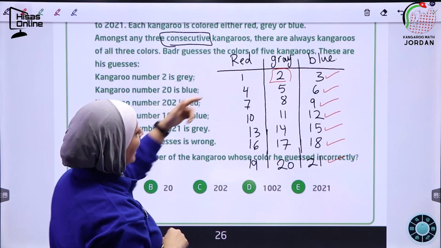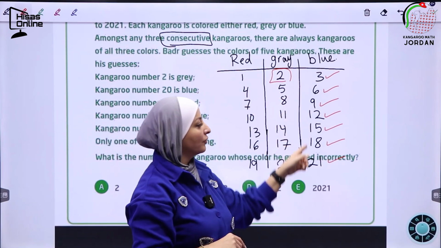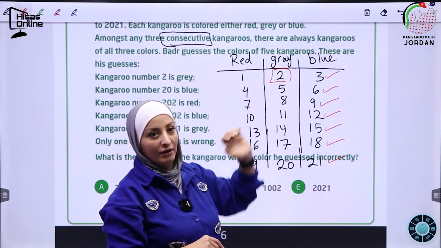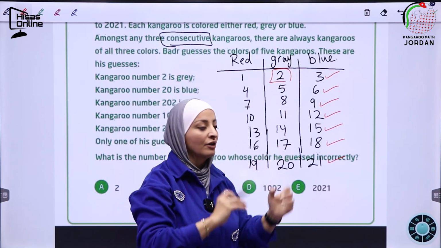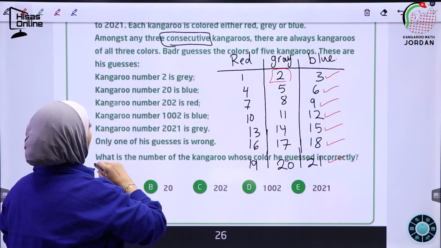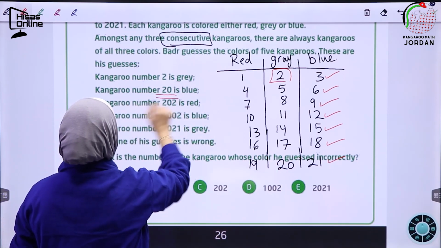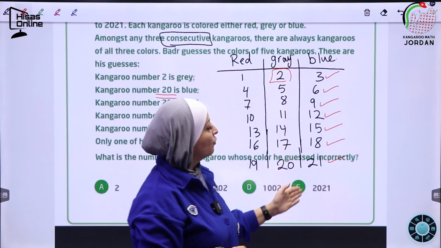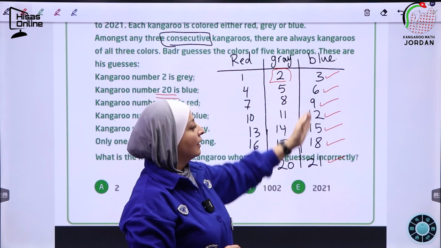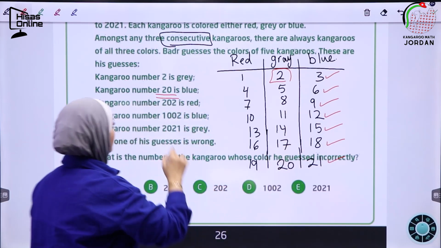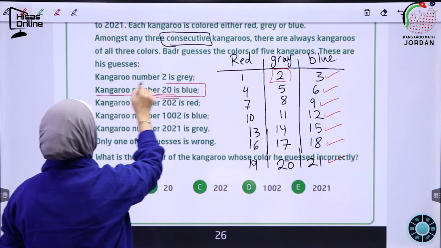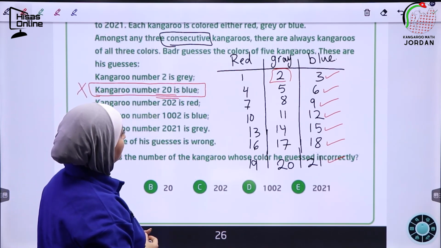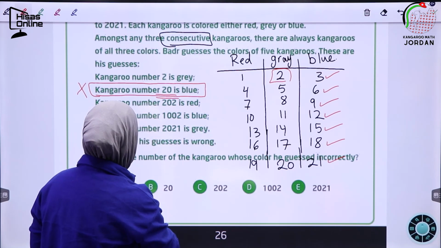Any number which is a multiple of 3 should give me a blue kangaroo. Okay, let's see what he has. He said kangaroo 20 is blue. As you see, no way to have 20 in the blue column. So I guess this is the wrong guess of Badr.